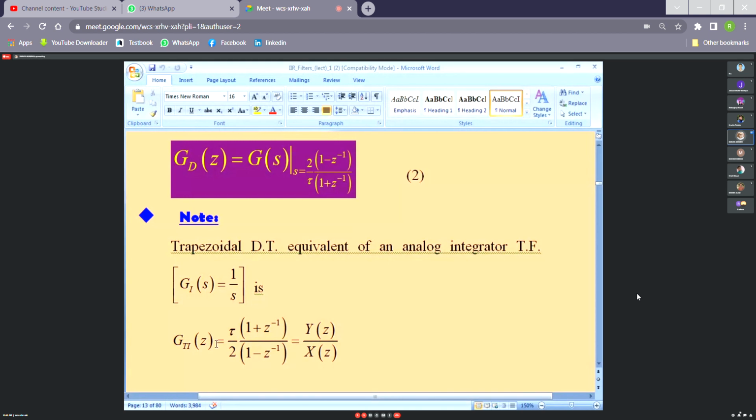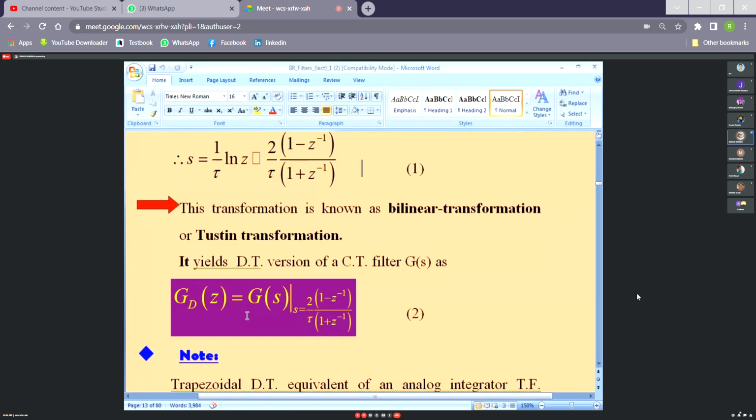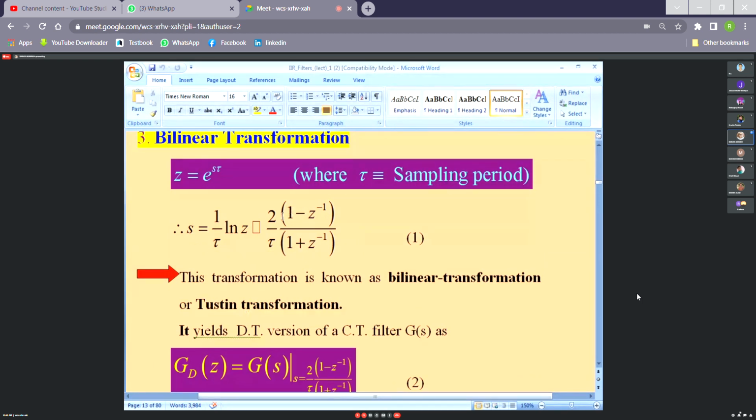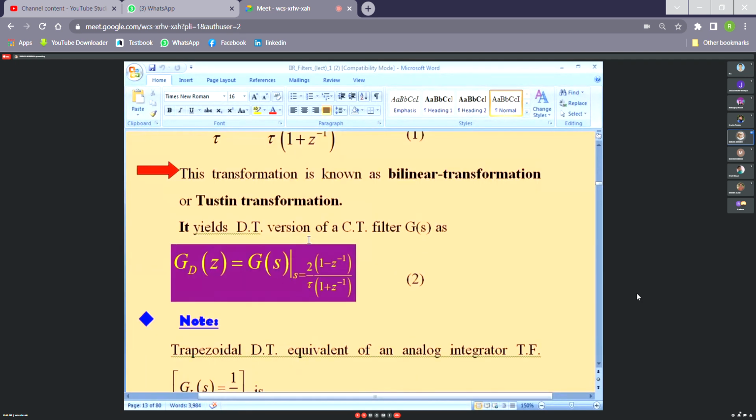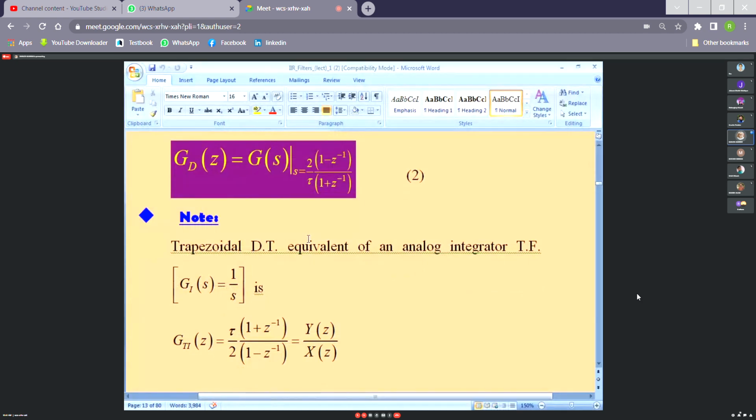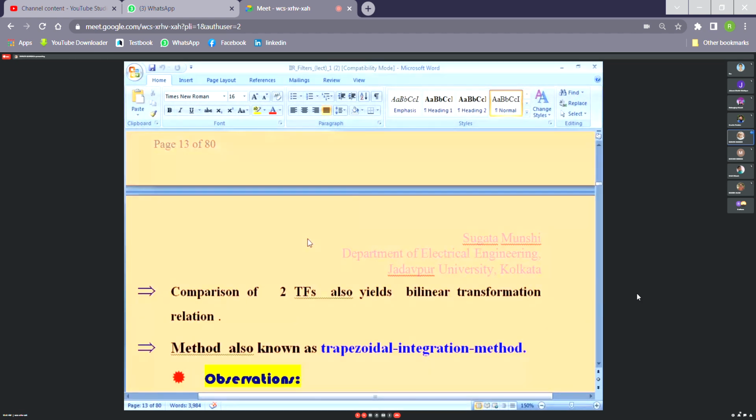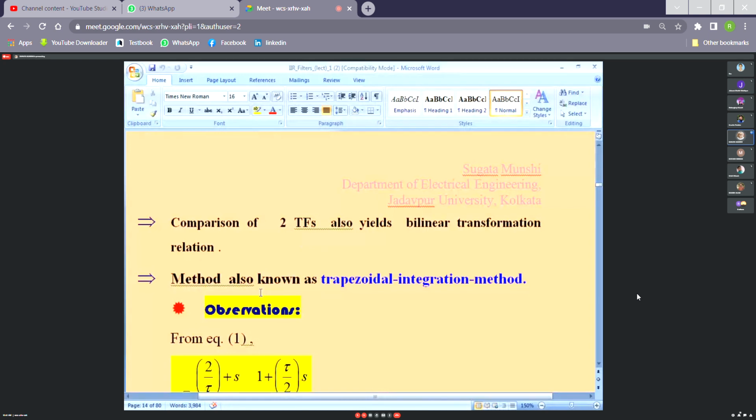That means 1 by S can be considered approximately equal to tau by 2 times this term, or S is approximately equal to 2 into (1 minus Z to the power minus 1) divided by tau into (1 plus Z to the power minus 1). So the same relation can also be obtained in this way. That's why this method of discretization of analog filter is also known as trapezoidal integration method. Write down this part.